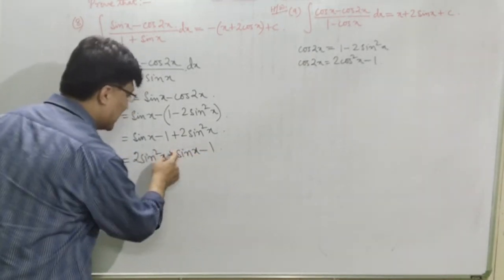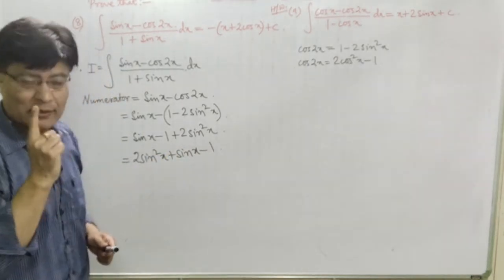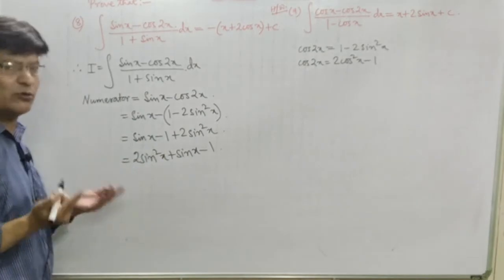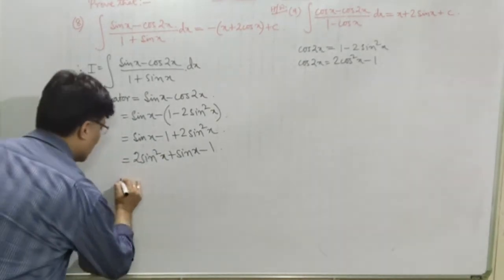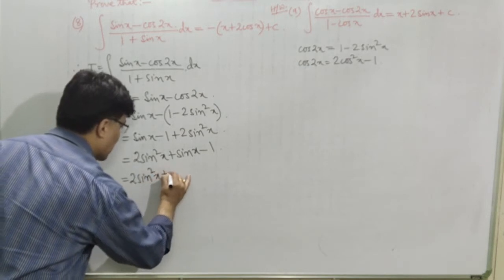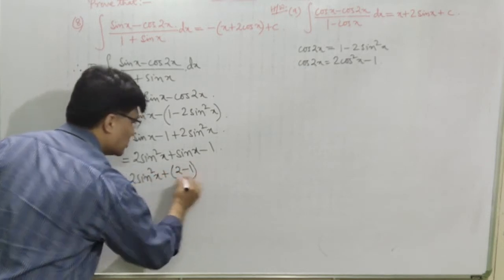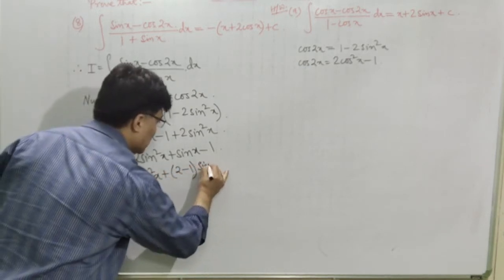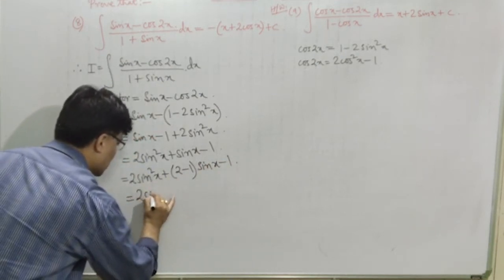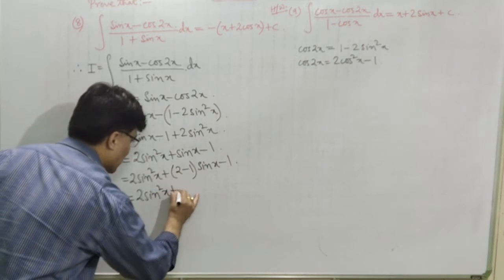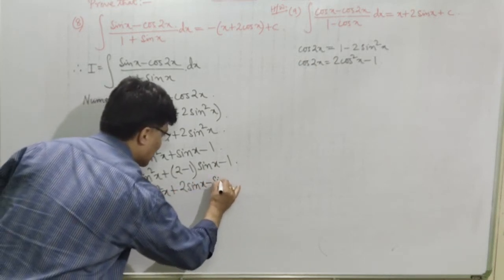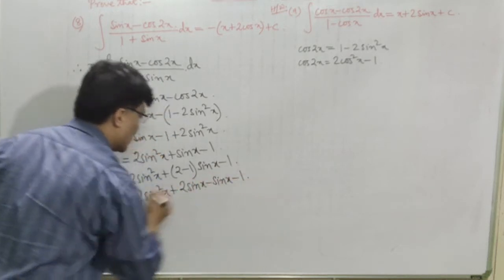So before sin x, what is the coefficient there? 1. So instead of that 1, you have to write 2 minus 1. We are factorizing. You know how to factorize it, isn't it? So this is 2 sin square x plus 2 minus 1 sin x minus 1, which is equal to 2 sin square x plus 2 sin x minus 1 into sin x is minus sin x, minus 1.